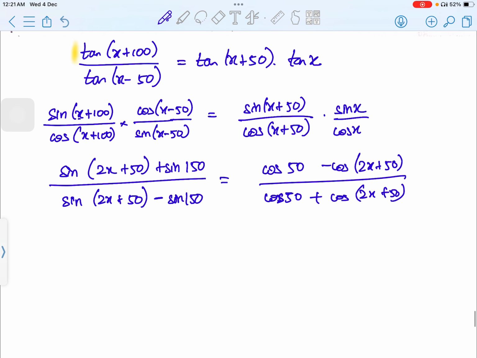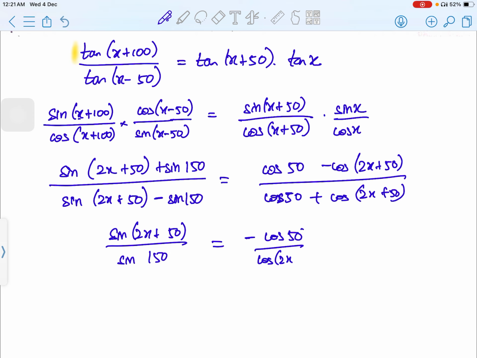Okay, so now you know that this one is in the form of componendo and dividendo. So this says sine 2x plus 50 divided by sine 150 will be equal to minus, if you take minus common out, cos 50 by cos 2x plus 50. Why did you take minus common out now?